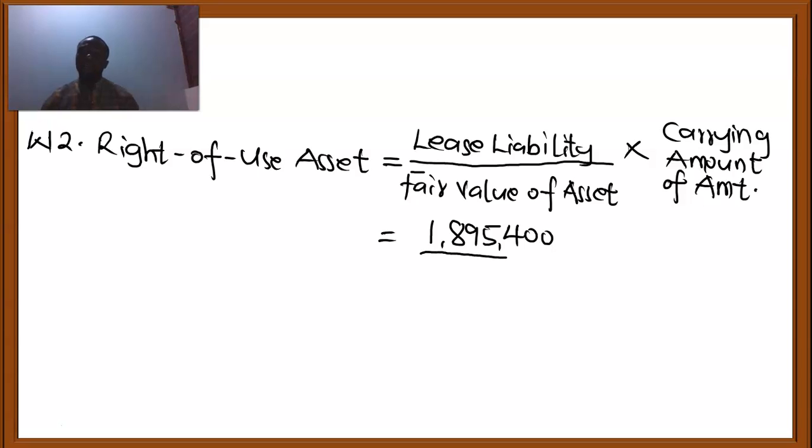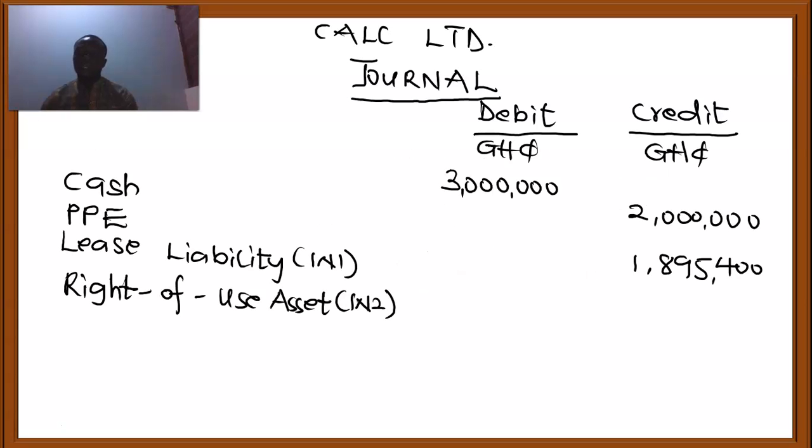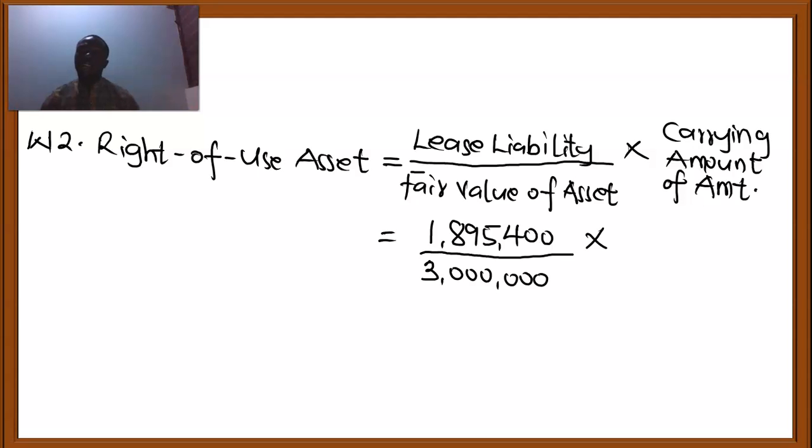In the question, we are told the fair value of the asset is 3 million. And then let's go back. The carrying amount of the asset is 2 million, so we multiply it by 2 million.